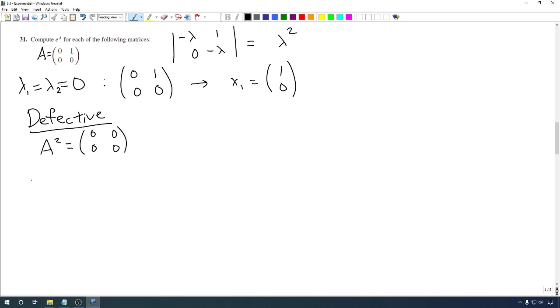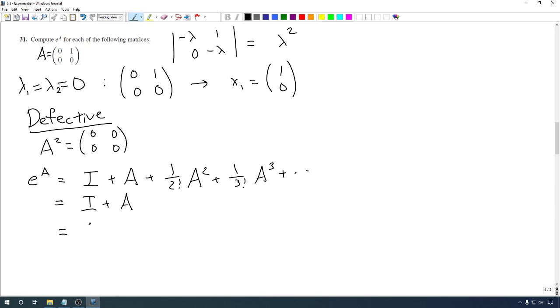Which means that if we do want to calculate e to the A, it's going to be the identity matrix plus A, just following our formula, and so on, with everything else past that point being 0. The only thing that we're left with is I plus A.